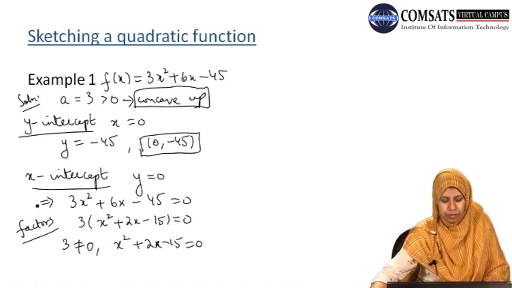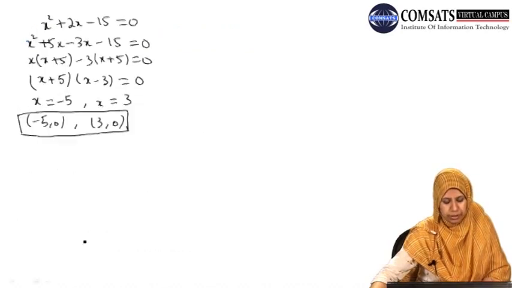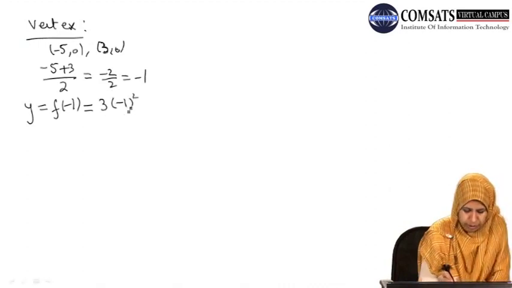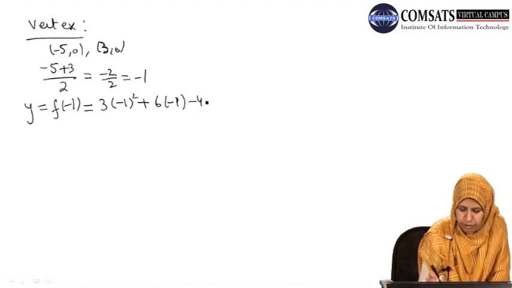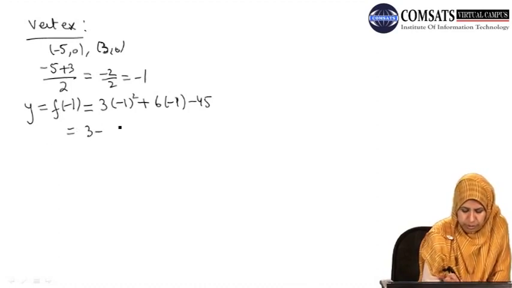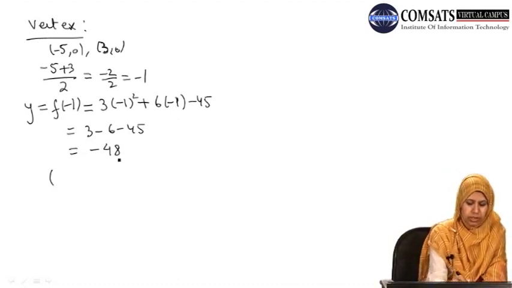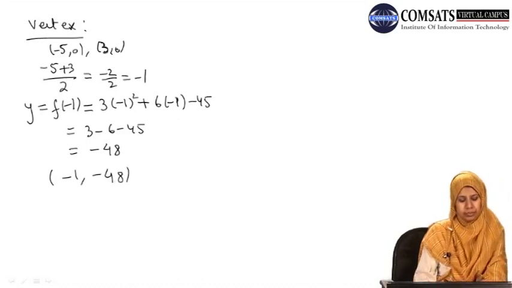So we have to put the value of x in our given quadratic equation and not the simplified one. Simplifying, we obtain 3 minus 6 minus 45 equals minus 48. So this is the y-coordinate of our vertex. Basically the vertex has coordinates (-1, -48).